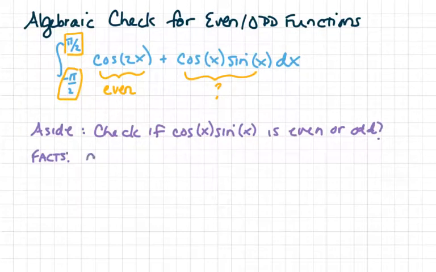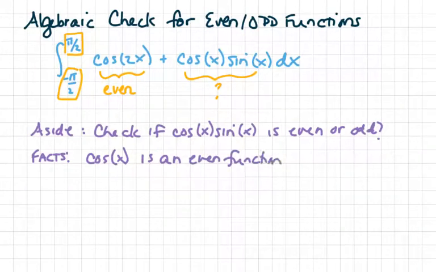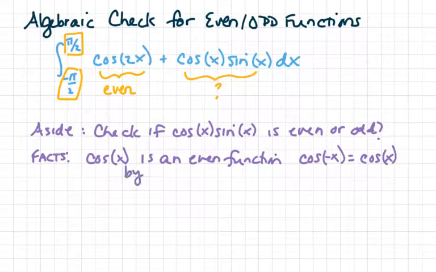We know that cosine of x is an even function, and by definition of an even function, cosine of negative x is going to equal cosine of x.